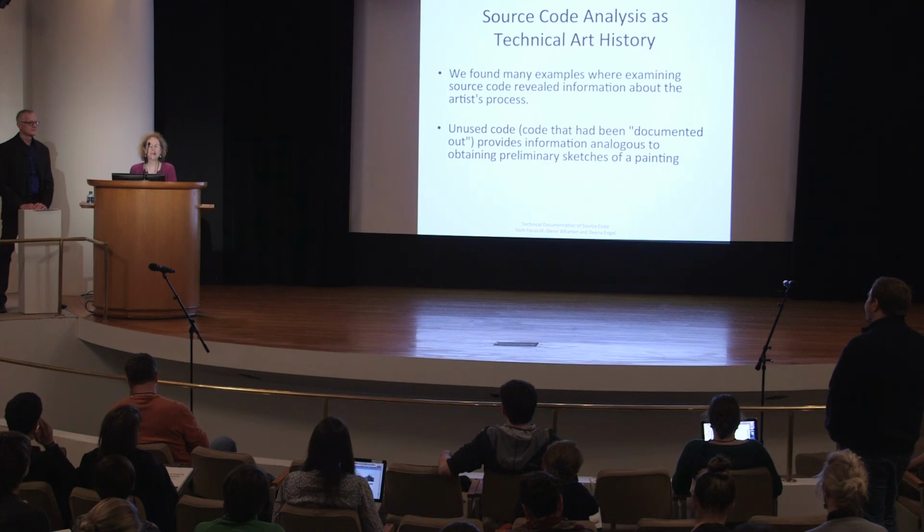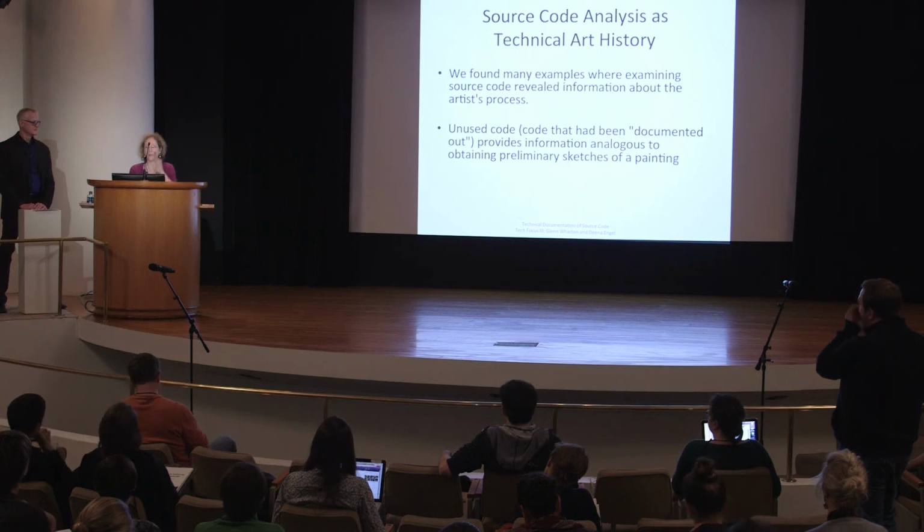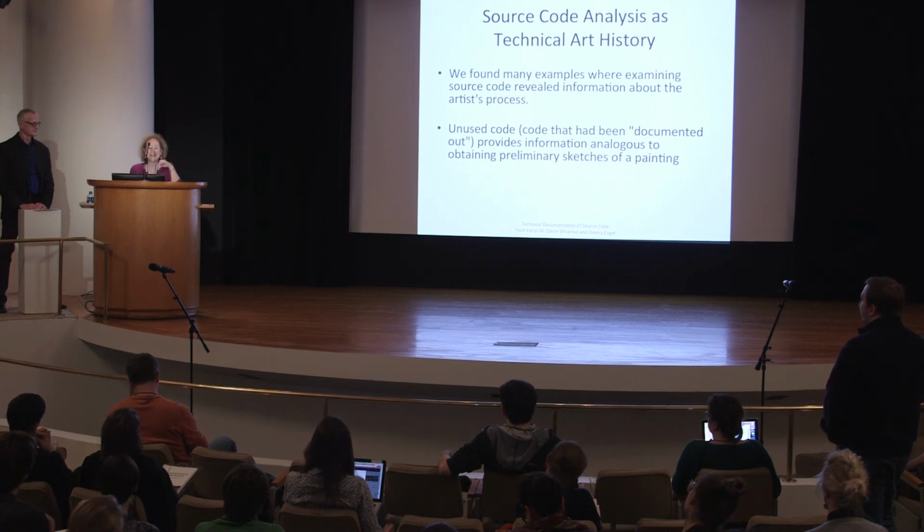What's interesting to me, looking at the code and thinking about it from a technical perspective, is it helps me to get sort of into the artist's head. So we worked on a piece here at the Guggenheim in the last year in which the artist was so clearly working in HSB because he was very much thinking about the complementarity of different types of colors and adjusting colors, and he was randomly adjusting colors but within very specified ways.